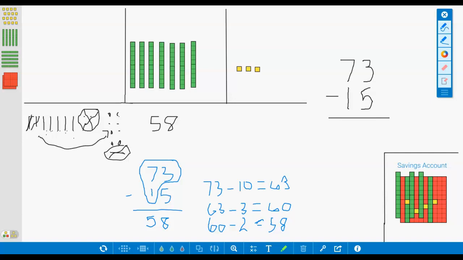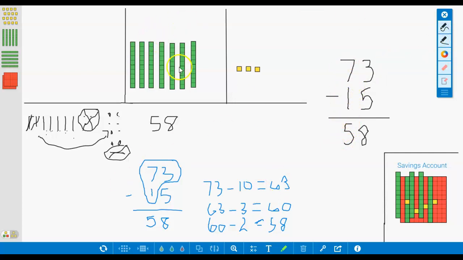Now that I have solved my problem in 2 different ways to make sure that I'll have the right amount left in my bank of 58 squares, I'm going to change my base 10 bank checking account so it represents how many squares I have left. First, I need to take away my 1 ten.